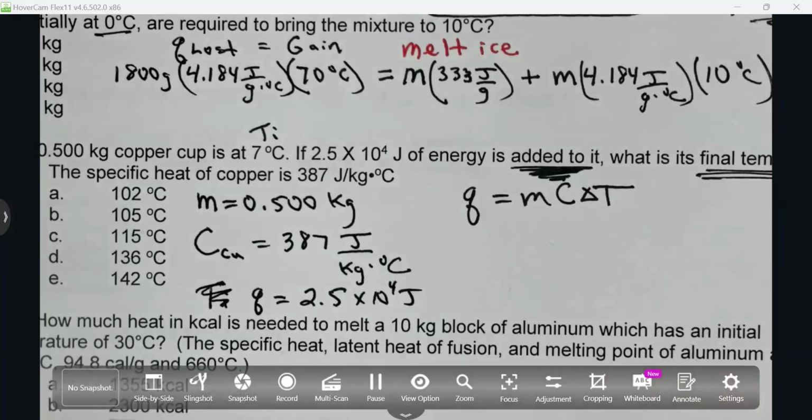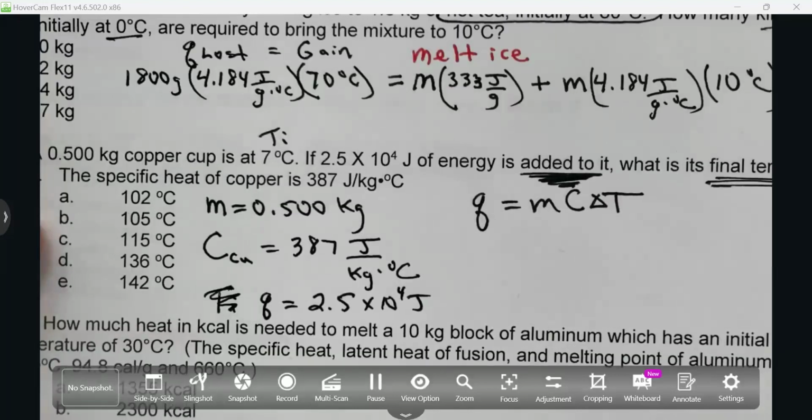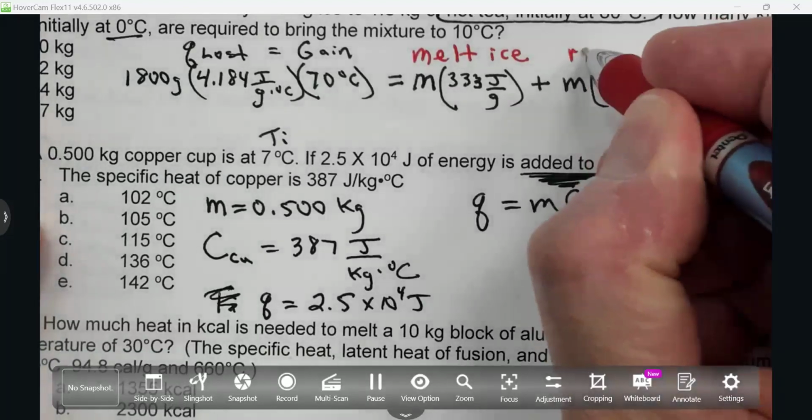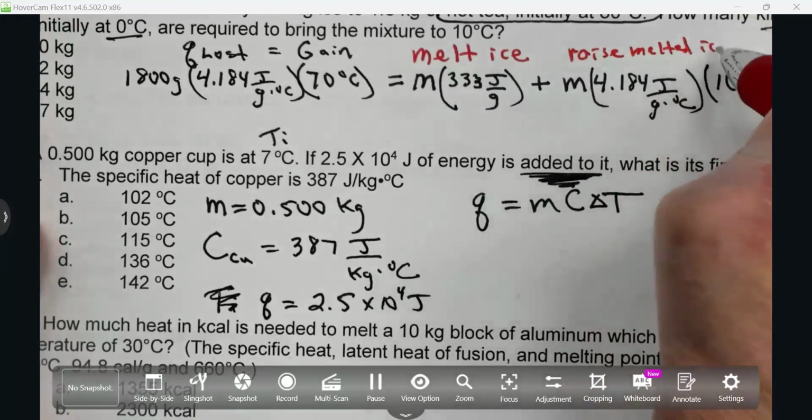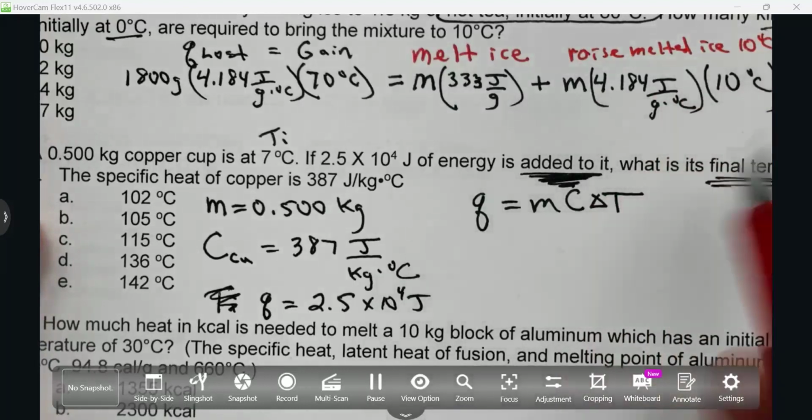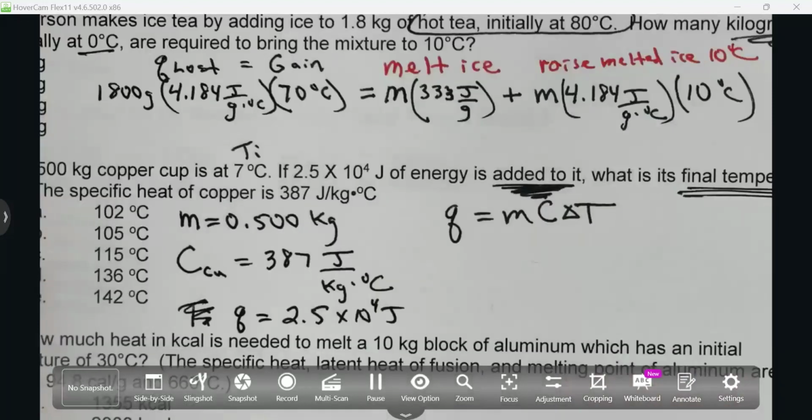So that will allow you to combine like terms, basically combine the M terms on the right or factor out an M. We're going to raise the melted ice 10 degrees, right? After it's melted, we got to raise it up 10 degrees.